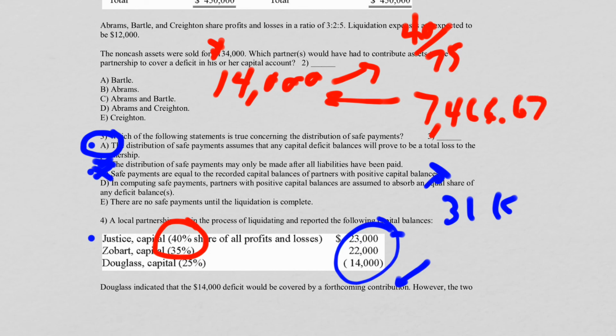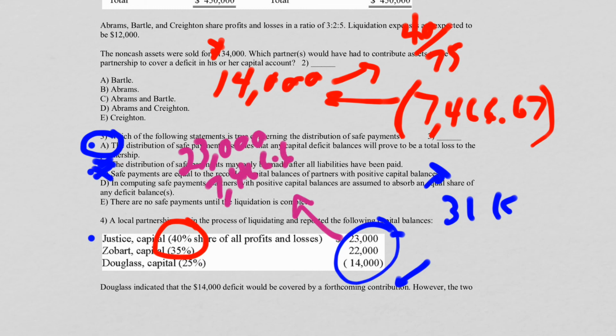7,466.67, and that loss will get distributed to the capital accounts, which will bring Mr. Justice's capital account from 23 down by 7,466.67. You have to subtract it.